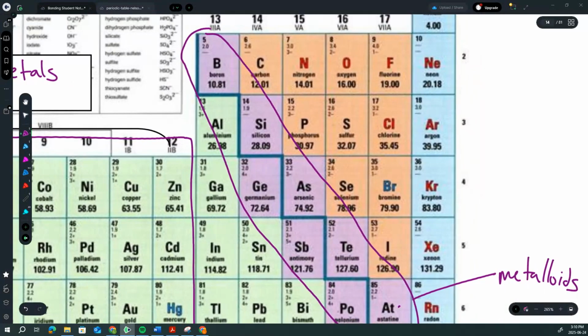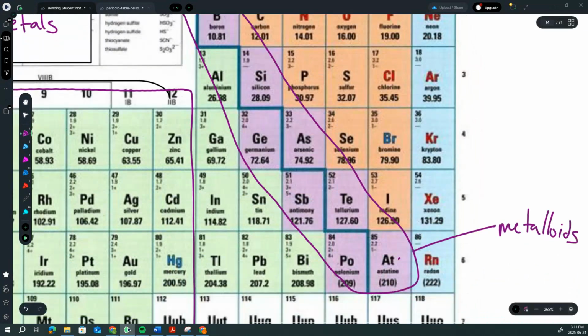Whereas the metalloids that are to the right of the staircase, they're going to have slightly more non-metallic properties, but they still do have some metallic properties.